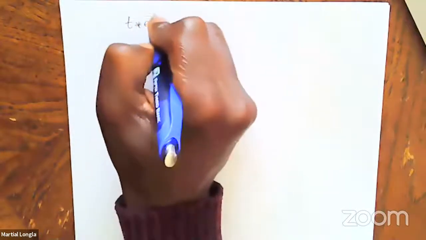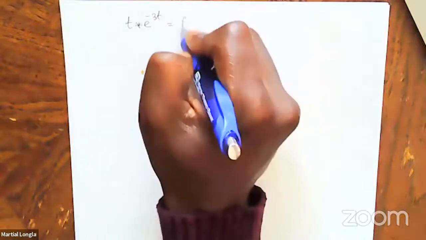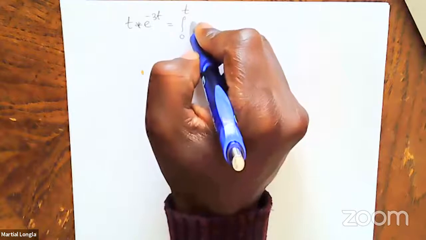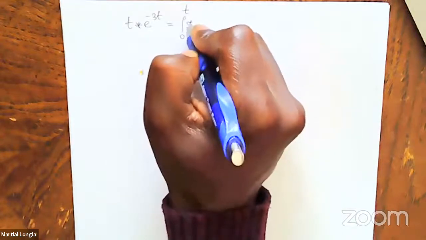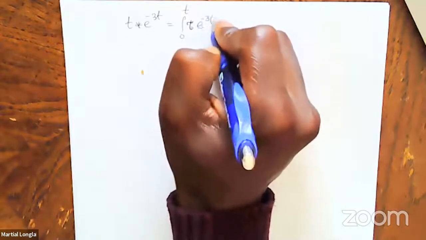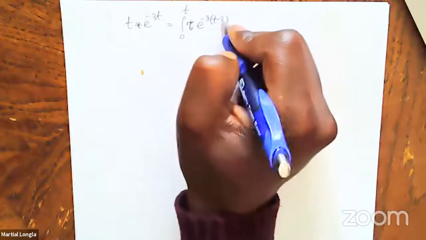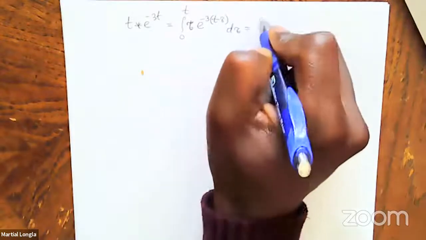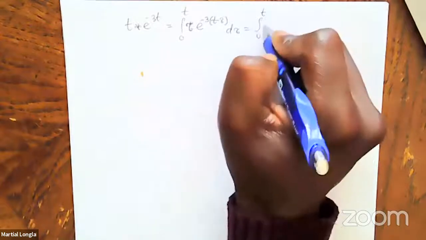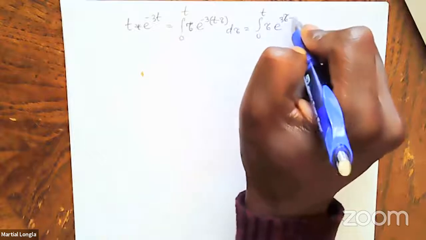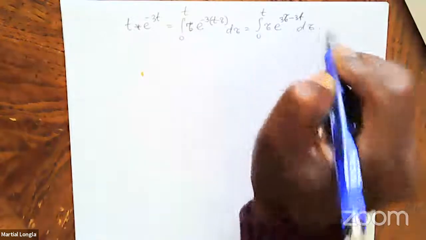So t star e to negative 3t equals integral 0 to t, and this is going to be tau e to negative 3 times t minus tau d tau, which is integral 0 to t tau e to the 3 tau minus 3t d tau.